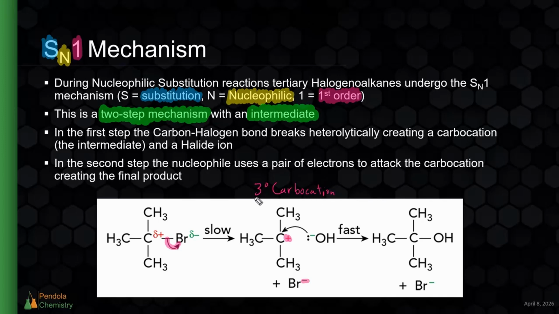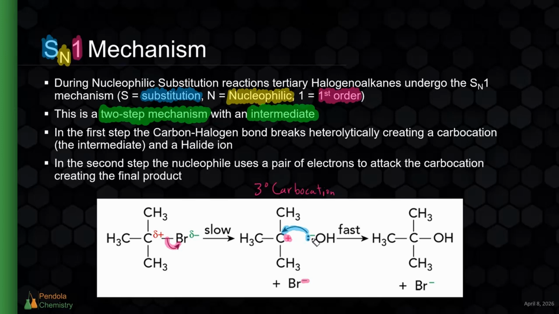So this tertiary carbocation is now made by the first step. Well, in the second step is when the nucleophile comes in. The nucleophile, which could be hydroxide in this case, it could be ammonia, which is a partially negative nitrogen, it could be cyanide with a negative charge, but the negative nucleophile that's floating around, in this case with an alkali, will use its lone pair of electrons to attack the carbon.